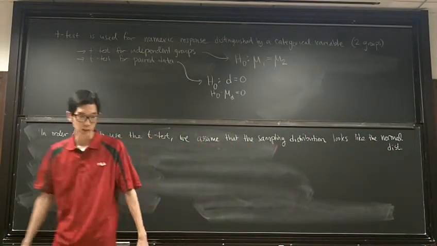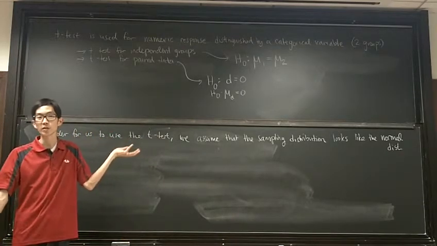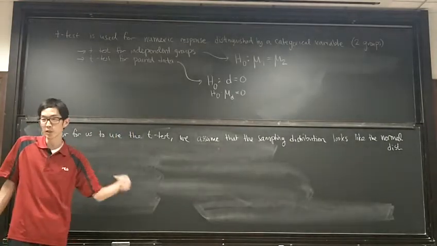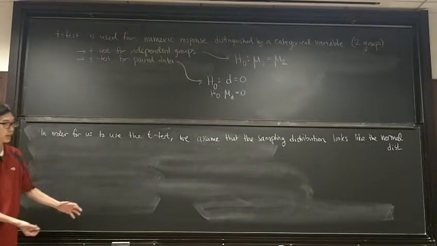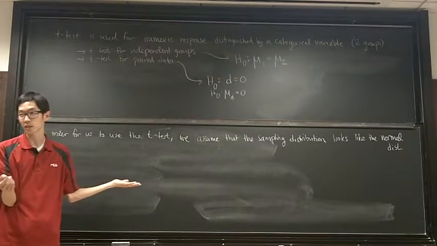And in order for that to be the case, of course, when we select our samples, they are selected randomly or independent of one another. And our samples either have to be large, or the population has to be normal.